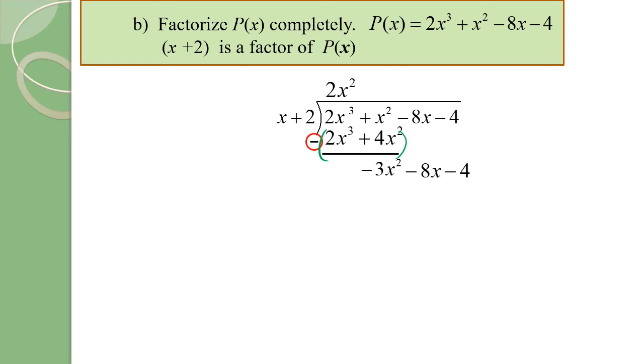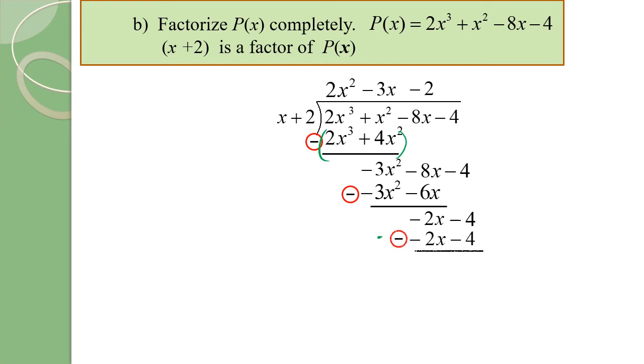So we multiply by negative 3x. So we have negative 3x squared minus 6x. So subtract this term. So we have 0 here and negative 2x. So bring down negative 4. So we need to multiply x by negative 2. So negative 2x minus 4, equal to 0 remainder.